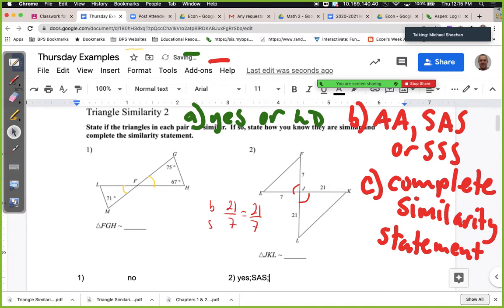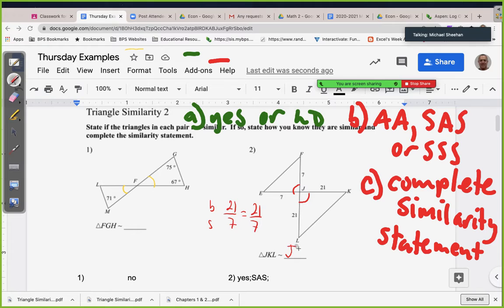And then now I want to match this up. This starts with angle J. So angle J in the big triangle and angle J in the little triangle are the same. So I'm going to start this off with angle J. And if you notice, these two sides are the same in both triangles.